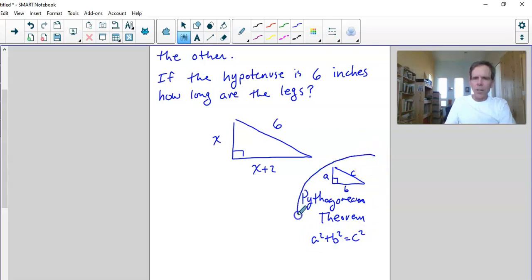So that's the bit of theory that we're going to need here to solve this problem. So the A and B are being played by x and x plus 2. So we're going to have x squared plus the quantity, in parentheses here, x plus 2, that gets squared, and that's going to equal 6 squared.